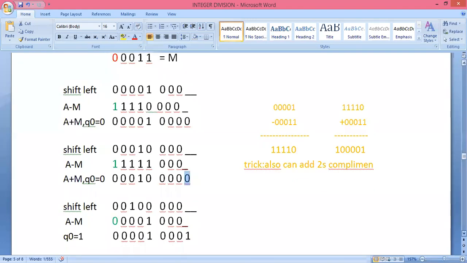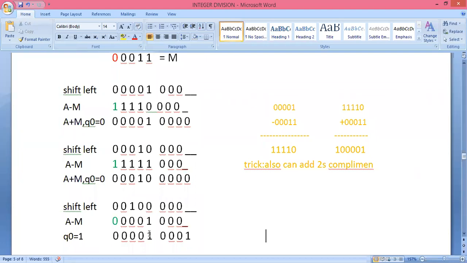Now third iteration, again shift left. After shifting this particular A and Q register left, I'm getting the answer as 0 0 1 0 0. Okay, and this bit is empty. Then do what?